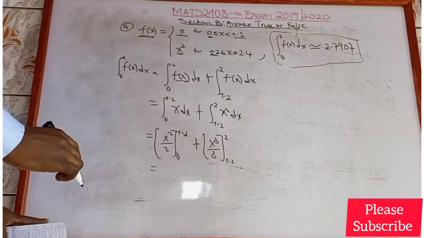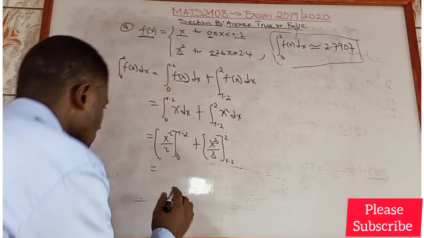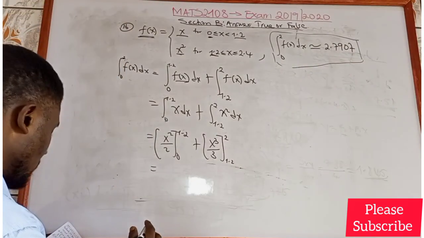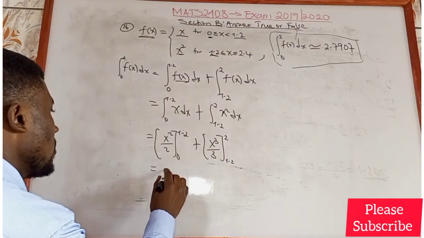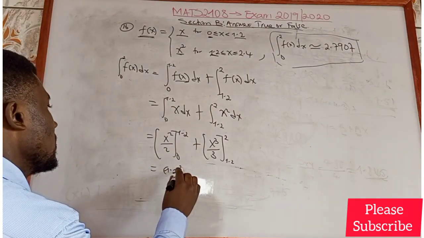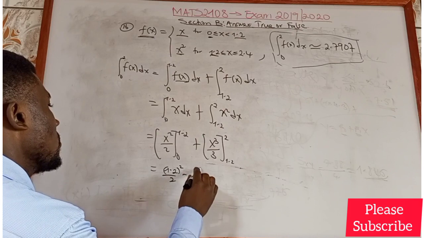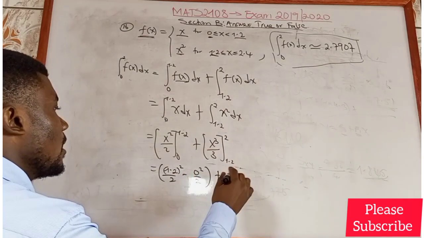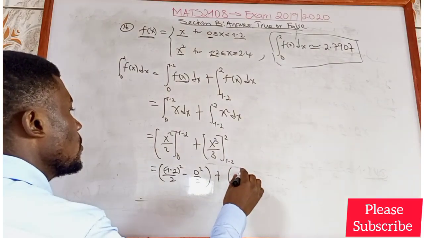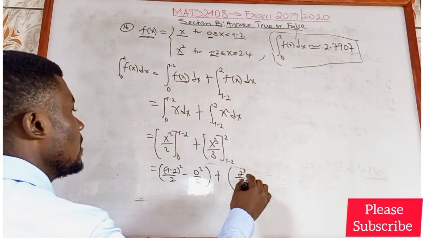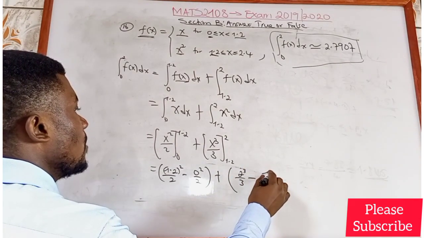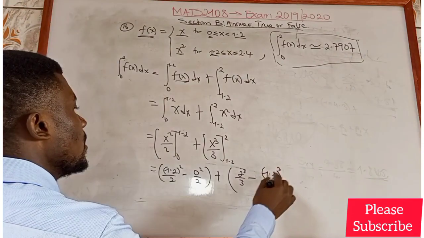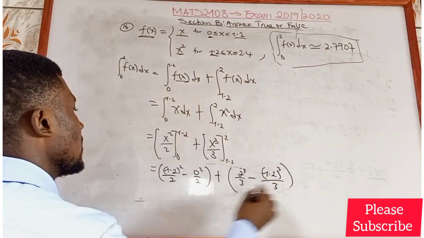Substituting upper limits and lower limits, here we have 1.2 squared divided by 2 minus 0 squared divided by 2, plus, here we do the same thing, 2 cubed divided by 3 minus 1.2 cubed divided by 3.